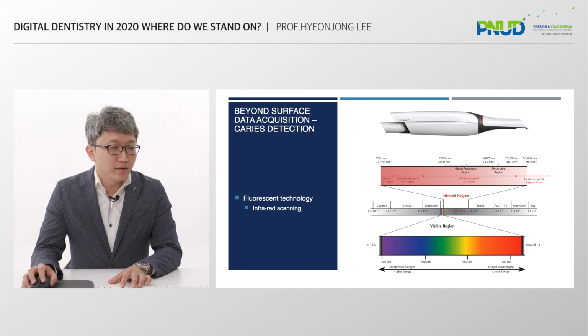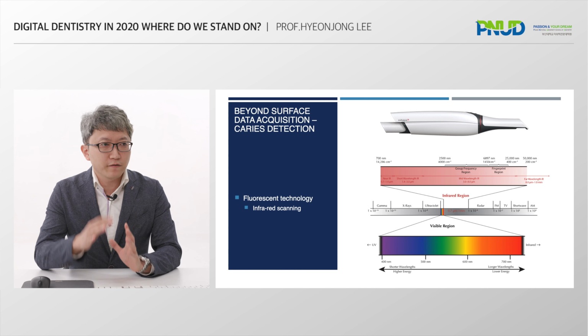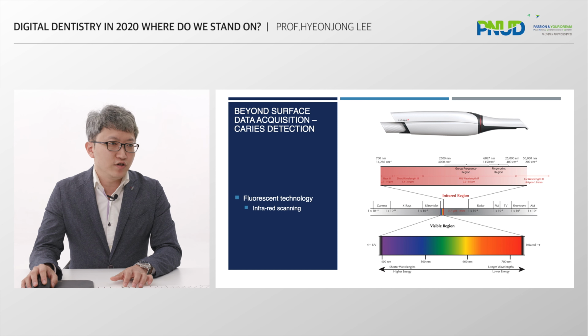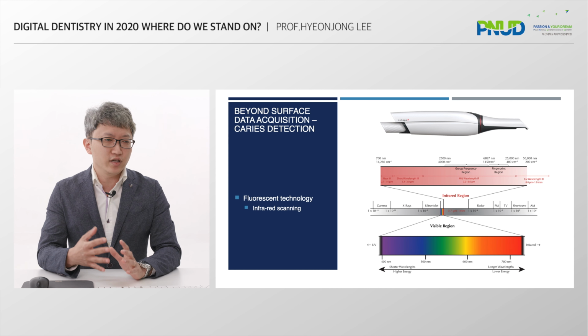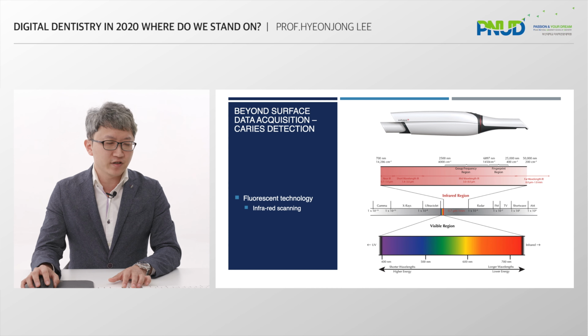Usually for surface scanning, we use visible light, like blue light, which has around 500 nanometers of wavelength. We had used only this area of visible light, but the electromagnetic wave actually has multiple ranges, and visible light is only from 0.4 to 0.7 micrometer.